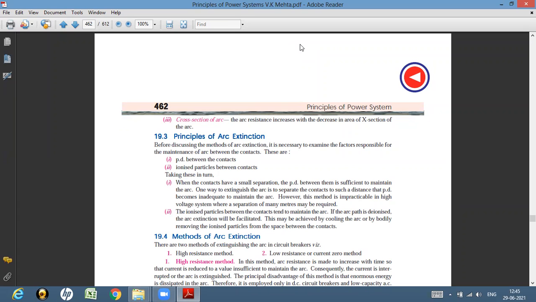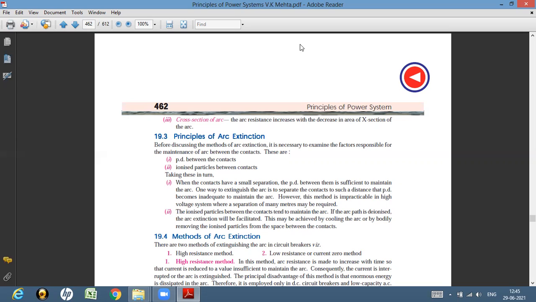Now in case of arc extinction, we can basically use two main methods in a circuit breaker. One is called the high resistance method, another is called the low resistance method, or the low resistance method is also called the current zero method.